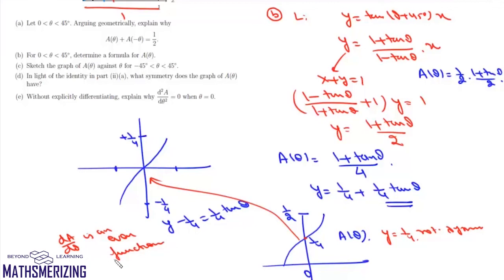If dA upon d theta is an even function, then d squared A upon d theta squared will be an odd function. And we know that for an odd function, f(-0) is minus f(0), that is the value at 0 is 0. So if d squared A upon d theta squared is odd, then this function will take the value 0 when the value of theta is 0. So this is how we solve such questions.